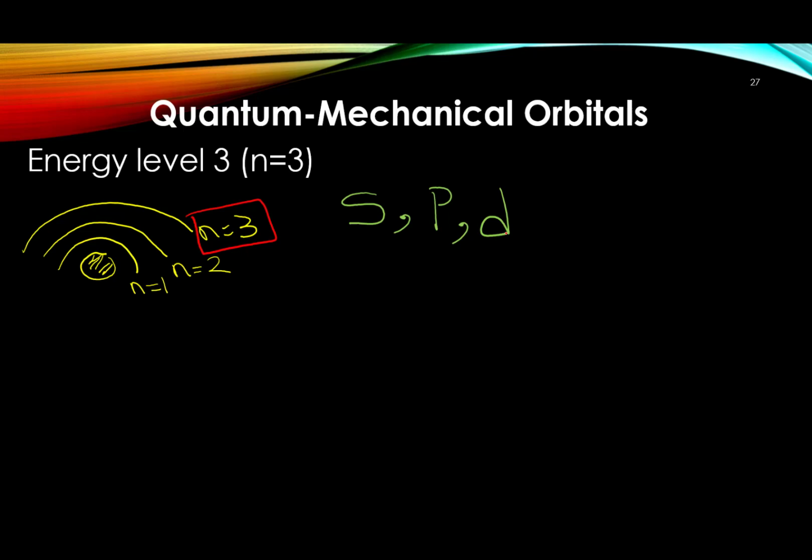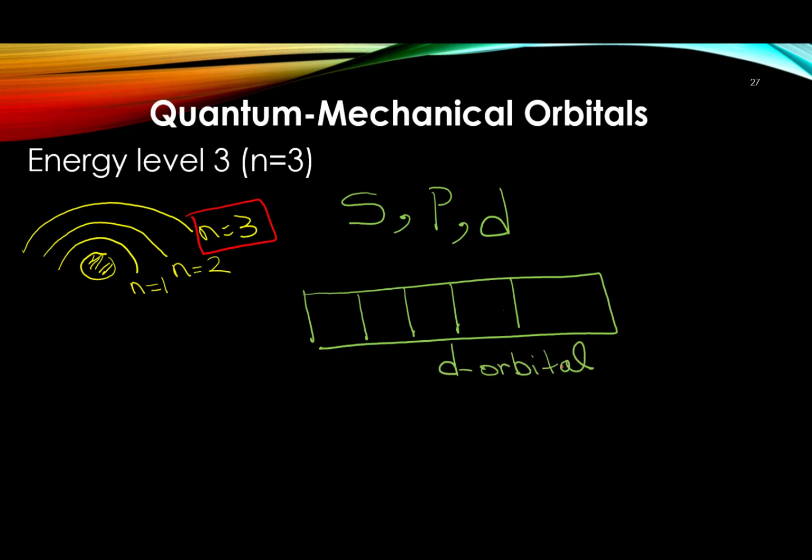That's a new one, d orbitals. D orbitals are a combination of s and p orbitals. D orbitals are 5 orbitals joined together: 1, 2, 3, 4, 5. That's a d orbital.